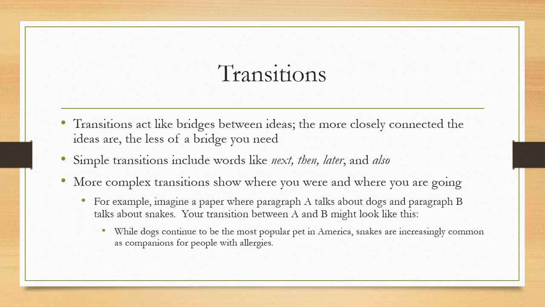For more complex transitions, you want to show where you were and where you're going. So again, if you think of the bridge, you want it to be secure on both sides of the river. You don't want a bridge that has really good mooring on one side and then it's just kind of hanging out in the open air on the other side of the river. So, for example, you have a paper where paragraph A is talking about dogs and paragraph B is talking about snakes.